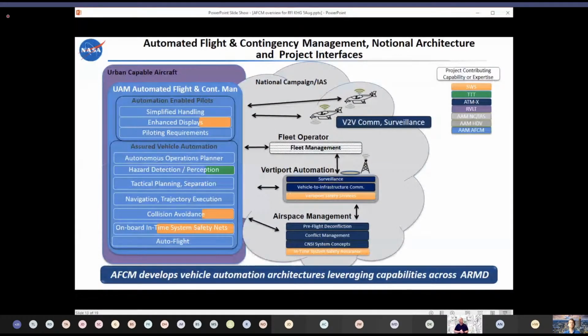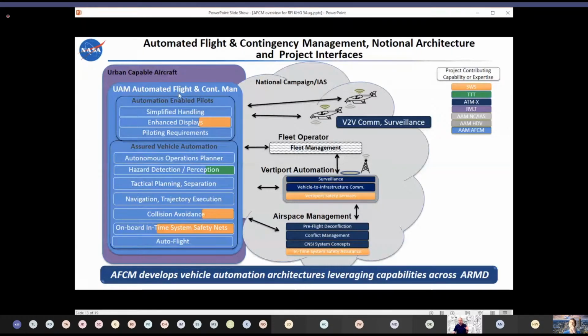So just showing this in sort of a conceptual system diagram. This is drawn from something of a NASA-centric position or perspective. The acronyms over here on the right side of the chart correspond to various NASA project activities that are developing relevant constituent technologies.